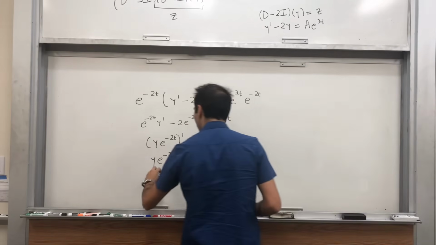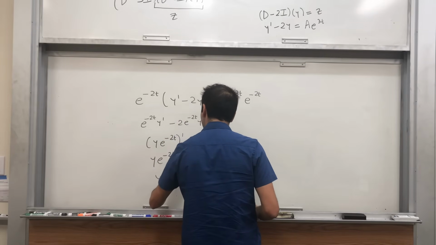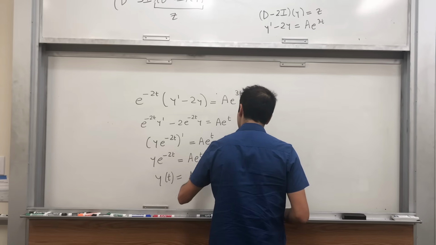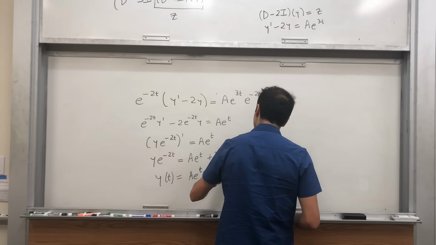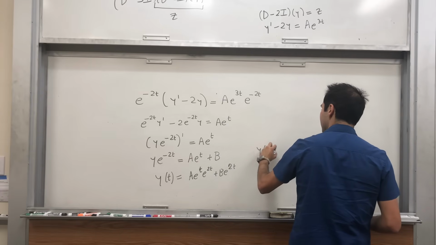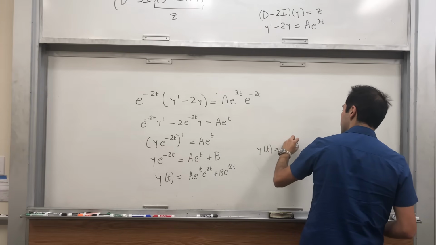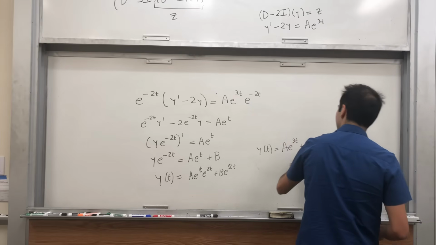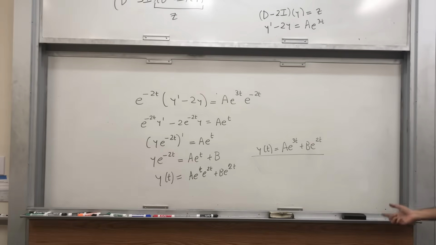And then lo and behold, we have y of t multiplied by e to the 2t. So a e to the t e to the 2t plus b e to the 2t. And then we get y of t equals a e to the 3t plus b e to the 2t. And what are 2 and 3?